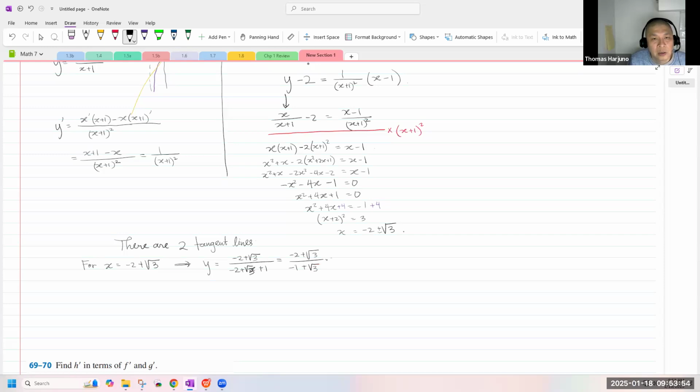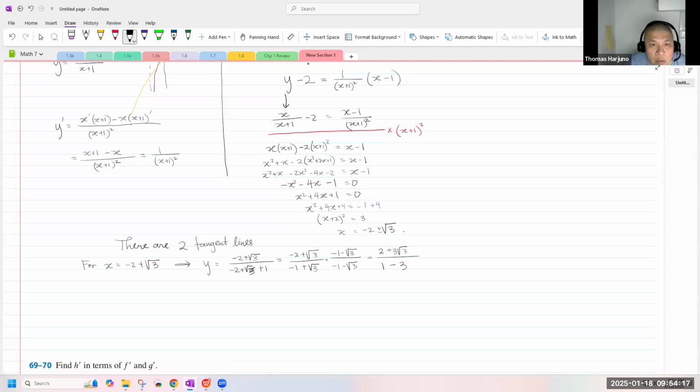Rationalize the denominator, multiply by the conjugate: negative 1 minus radical 3. The denominator, negative 1 squared minus radical 3 squared. While on the top, when I FOIL, I get 2 plus 3 radical 3.